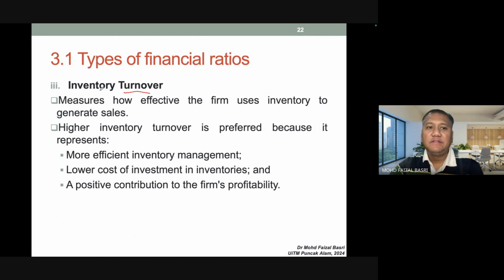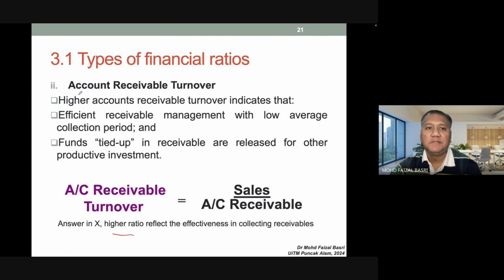The name of the ratio each give us a hint what would be the items dalam ratio tu. So contohnya macam ni, kita ada account receivable number one, and then we have turnover. So, dalam case ni turnover can represent the terms sales.